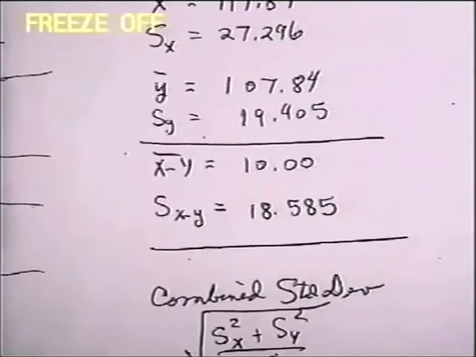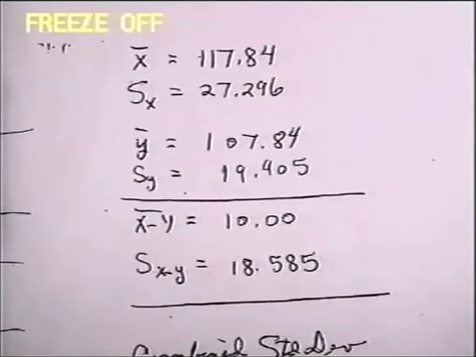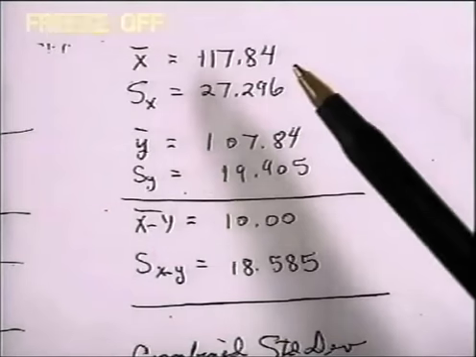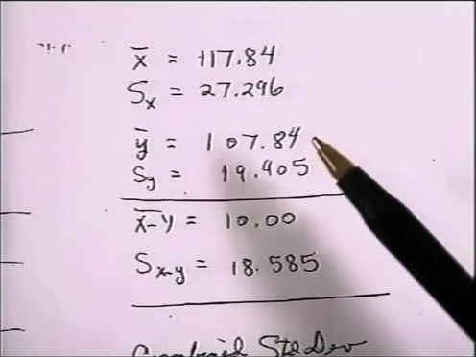Okay? Now, my mean comes up to be 10.00. My standard deviation of this data is going to be nothing like the others. It's 18.58. Now, it's important for your final exam to remember this. Remember from the first problem, you had 117.84 minus 107.84.